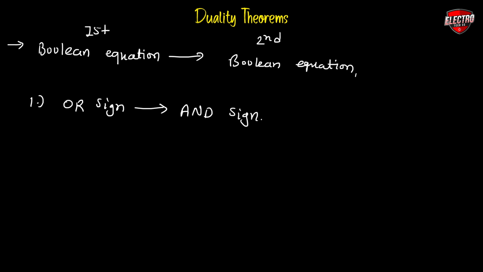If you have an or sign in the Boolean equation, that is the plus sign, then convert it into an and sign, that is dot or multiplication.